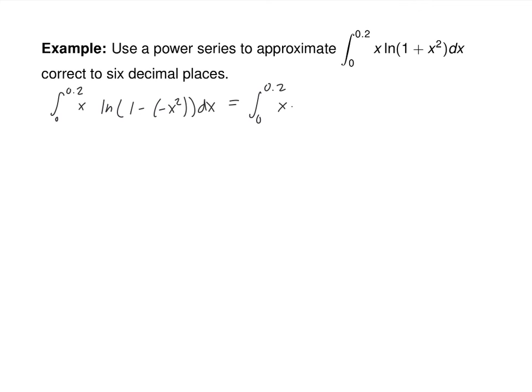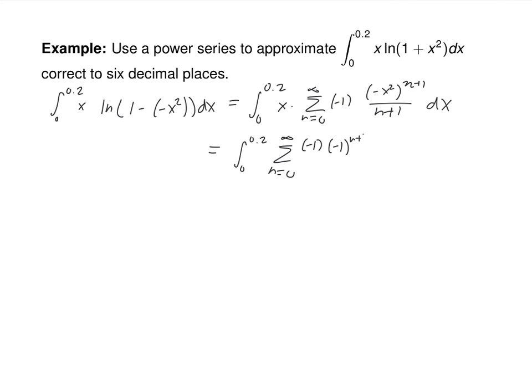So that's x times the sum from 0 to infinity, negative 1 times negative x squared to the n plus 1 over n plus 1. So that's the sum from n equals 0 to infinity. We'll have negative 1 to the n plus 1, x to the 2n plus 2 times x all over n plus 1.